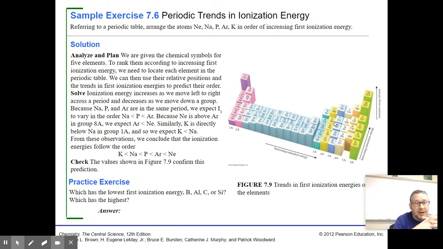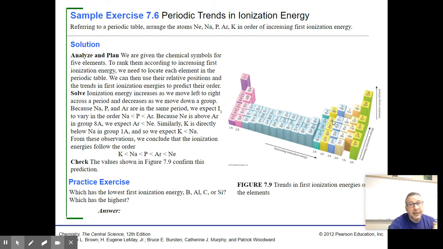So looking at the locations of these elements, let's first identify who would have the lowest ionization energy. If you look at this table, it's pretty easy to tell, but let's explain why. First off, as you go down a group, your first ionization energy is going to decrease, okay? So we therefore look at aluminum and silicon. We then ask, what's the other trend? Aluminum and silicon are in the same period.